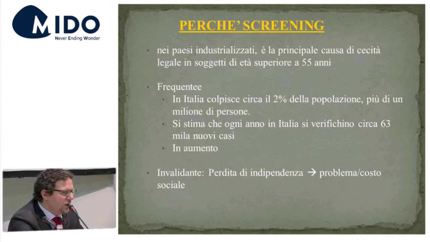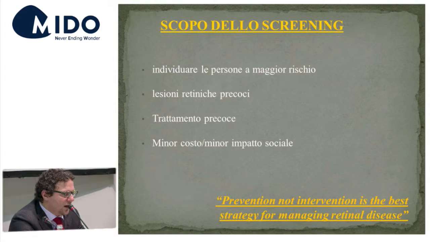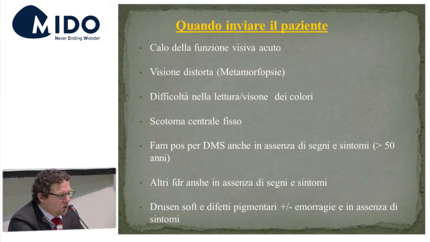It's a disabling disease with a cost-social benefit ratio which is quite high. By identifying risky patients and early lesions, you can have a population that is not so old. In the past, when you were 60 years of age, you were old, but now it's not so. And this population can keep on working and be self-sufficient.